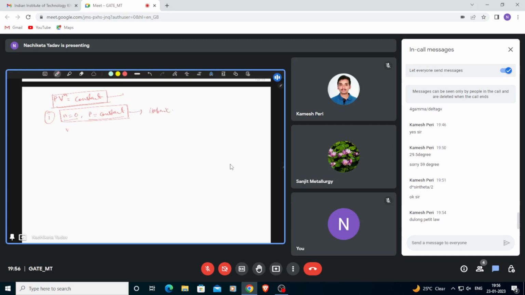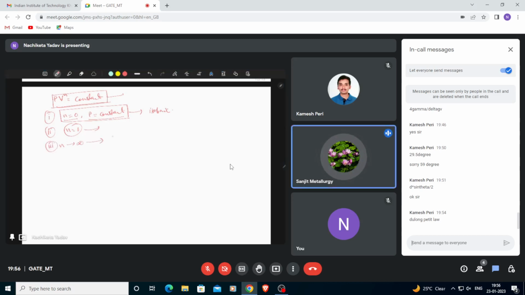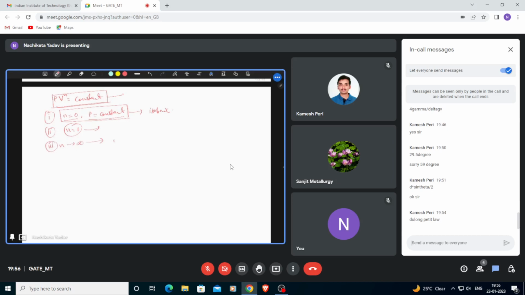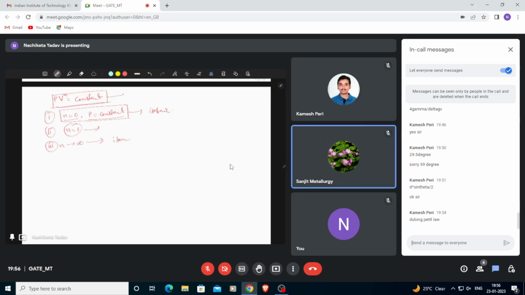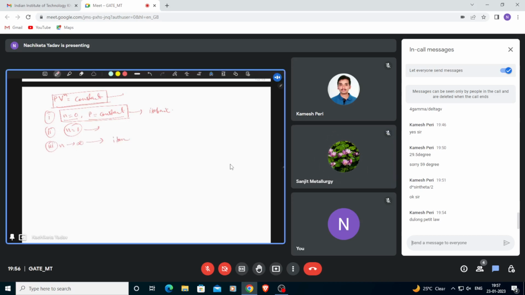And when n is equal to 1, then, yes. And when n is infinite, isometric. And when n is k, then we can say it is isentropic.